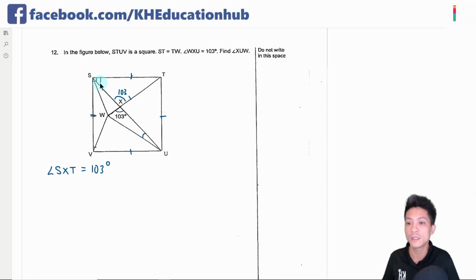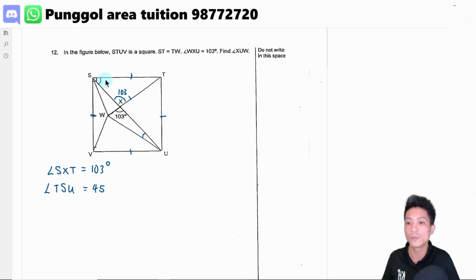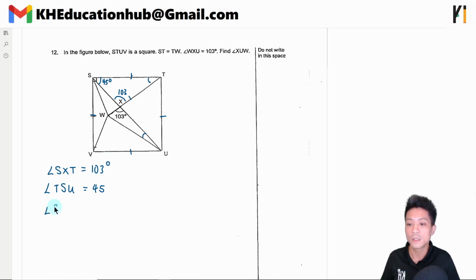Next angle I need is angle TSU, which is equal to 45. Because it is a square, this is 90, and there's a diagonal line that cuts through it, so this is 45 degrees. Next I want to find this angle over here, angle STX.